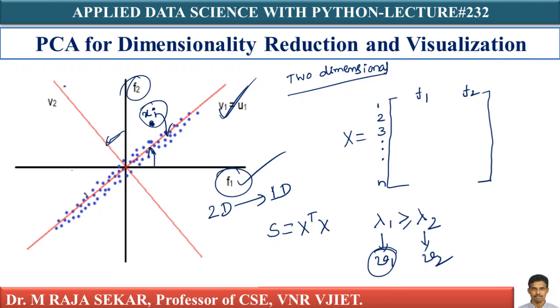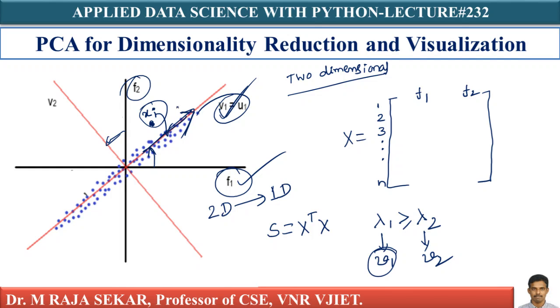I can say, since V1 is one dimension in which the variance is maximal. Why? Because your V1 is U1. V1 is the maximum eigenvector. I can say it's an eigenvector corresponding to maximum eigenvalue.